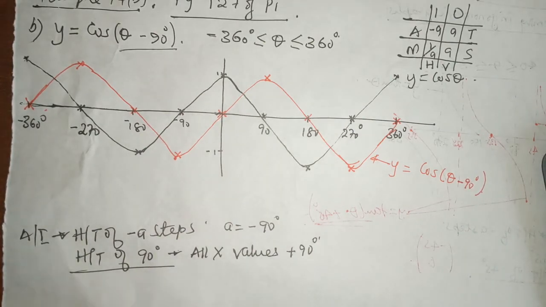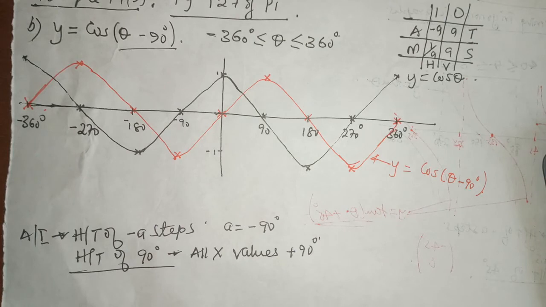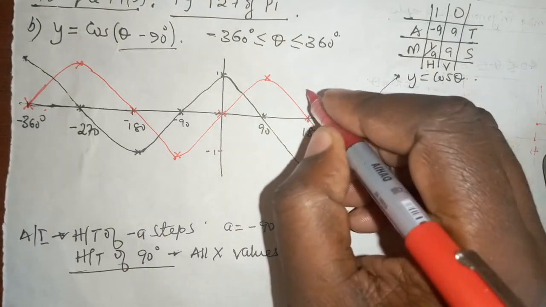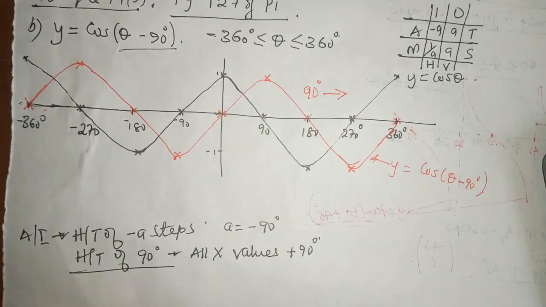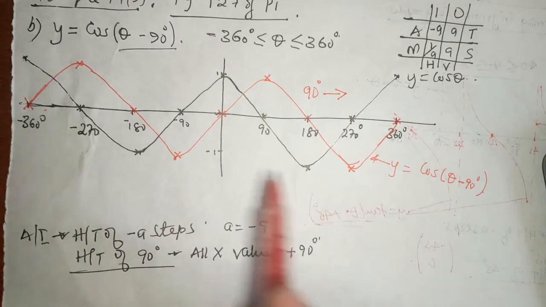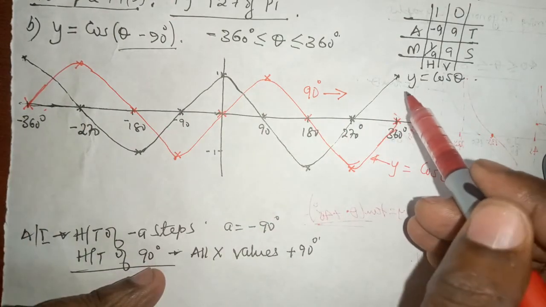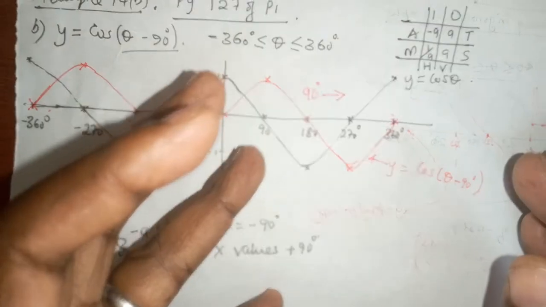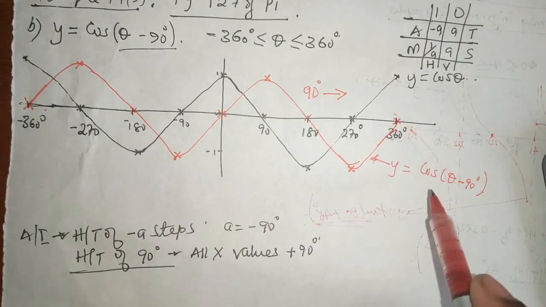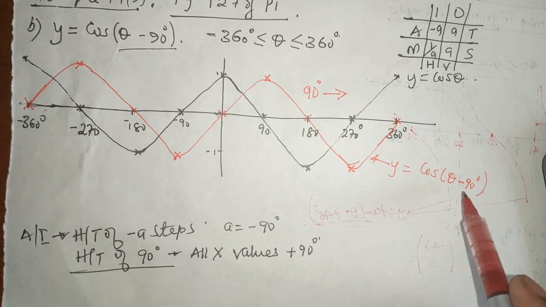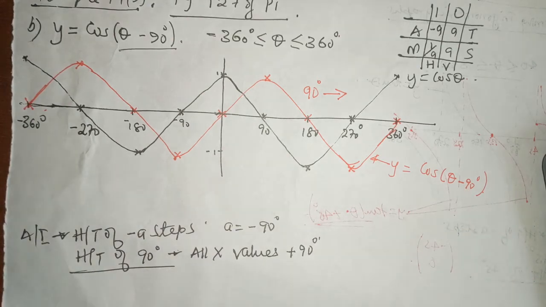That is the transformation we are supposed to have plotted, and you can see it's 90 degrees to the right. That is exactly what has happened. The whole black graph, which was y equals the cosine of theta, shifts to the right 90 degrees, and it results in the red graph, which is cosine of theta minus 90 degrees.